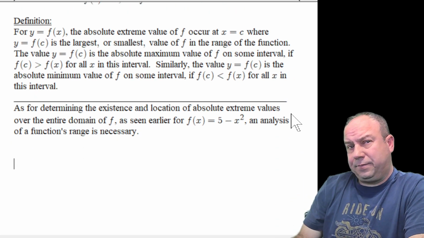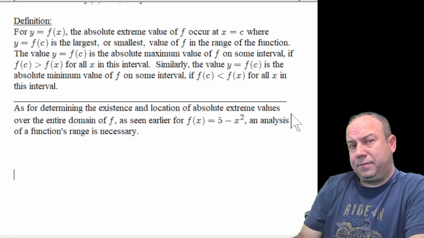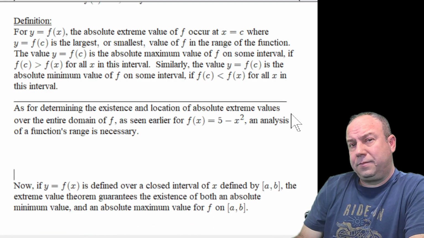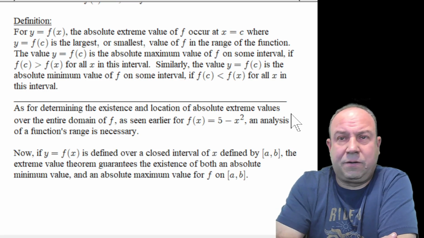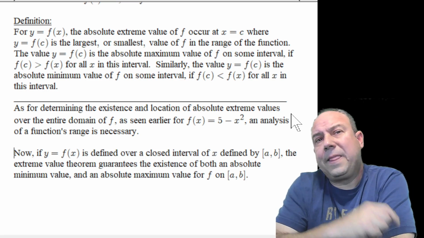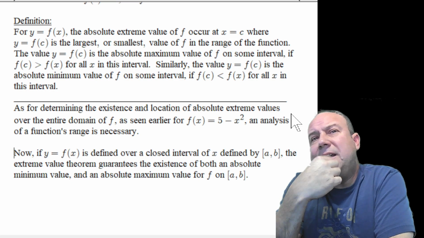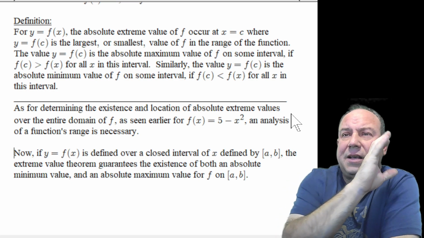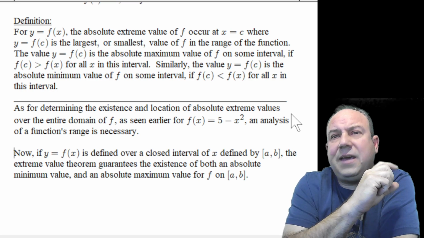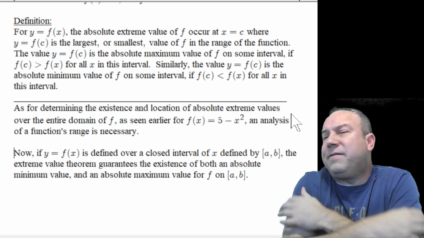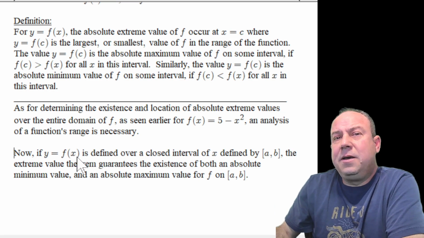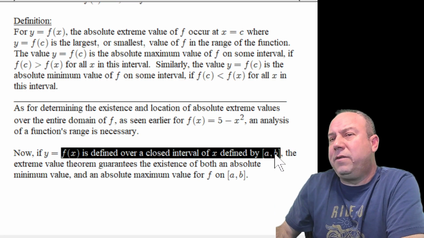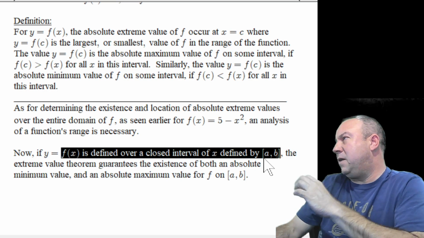However, if a function exists on a closed interval, meaning that it exists on an interval that starts at a finite value of a and ends at a finite value of b, and we see that here. Let f of x be defined on a closed interval of x defined by this interval from a to b.